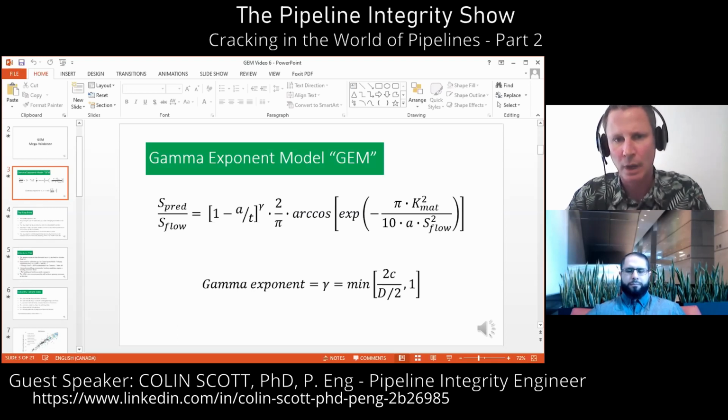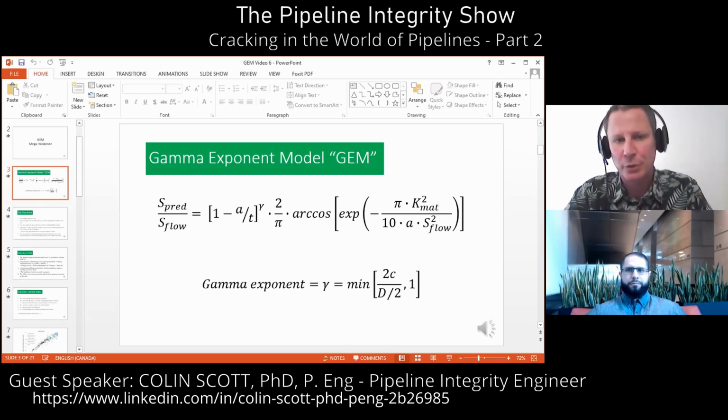At the bottom, the gamma exponent is defined as the minimum of 2c, the crack length, divided by the pipeline radius, but the maximum number you can have for that is 1. That's a very simplistic thing. Essentially what the gamma exponent is saying is, if your crack length is longer than the radius of the pipe, there's no more decrease in strength associated with that crack.